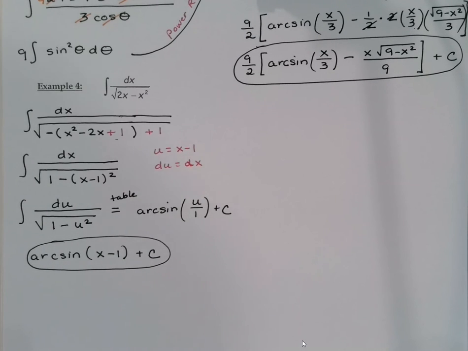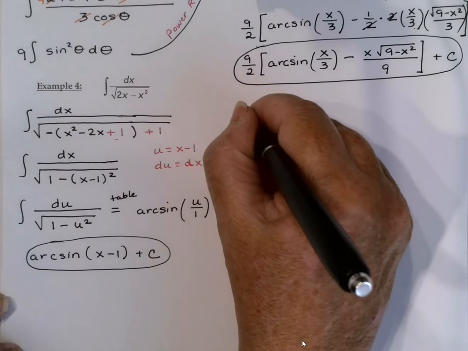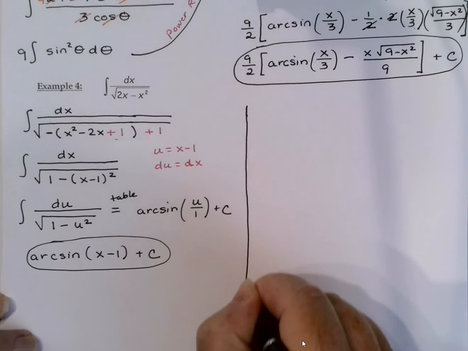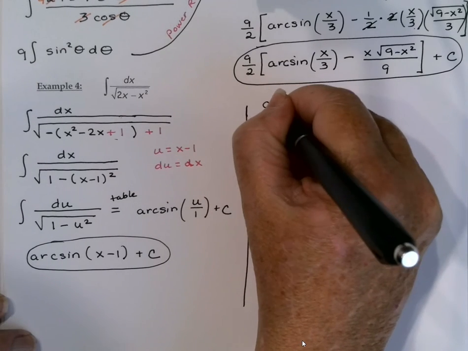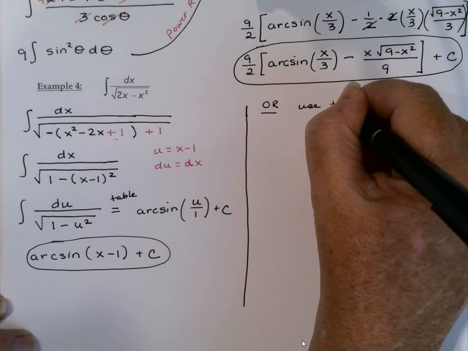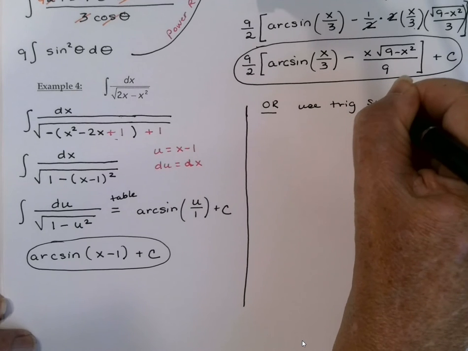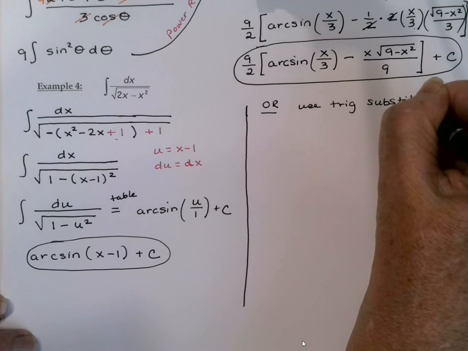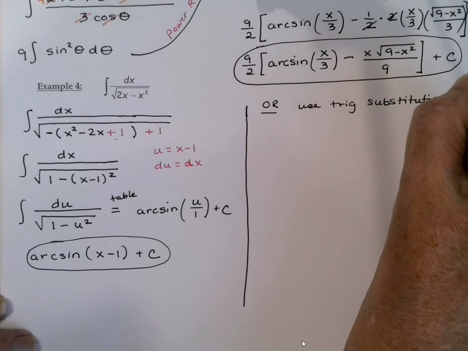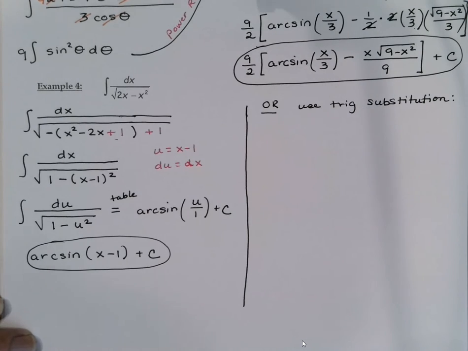All right, let's see what would happen if instead we used our trig substitutions from here. We would certainly hope we'd get the same answer. Let's try it out. I'm going to start right from here.